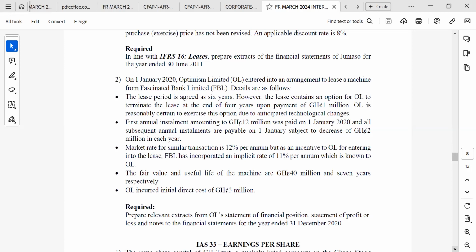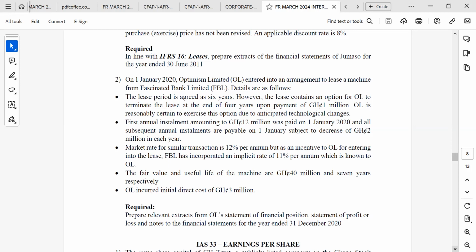OL is reasonably certain to exercise this option due to anticipated technological changes. First annual installment amounting to 12 million was paid on 1st January 2020, and all subsequent annual installments are payable on 1st January, subject to decrease of 2 million in each year.